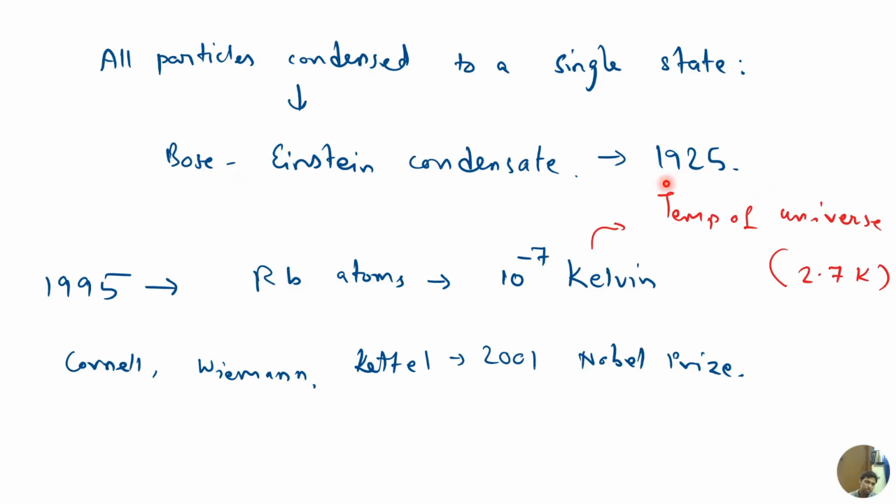Now, we have discussed that the technological challenge is coming down to a very low temperature. For example, in 1995, in rubidium atoms, they cooled the system to 10 to the power minus 7 Kelvin.